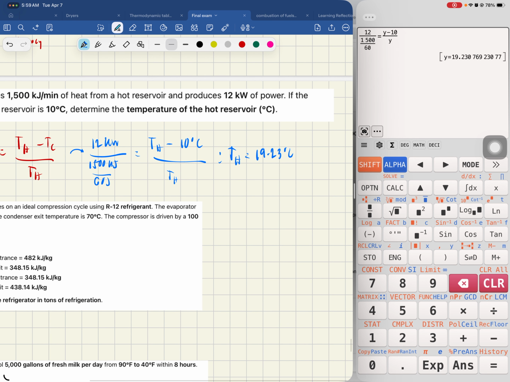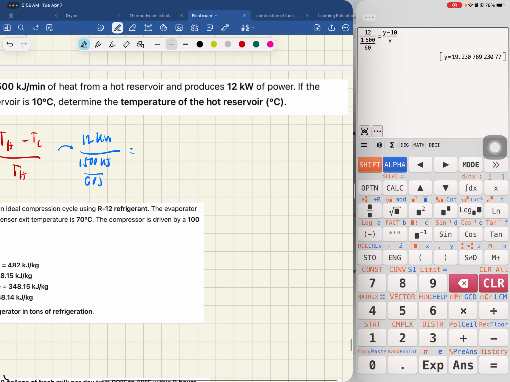if I can use this one, TH plus 273 minus 10 plus 273, which cancels out anyway. But the denominator is TH plus 273.